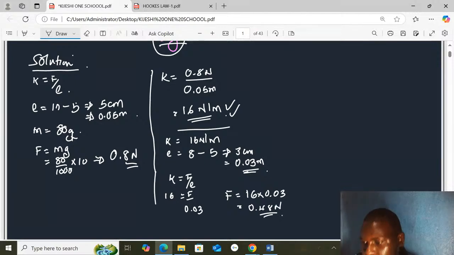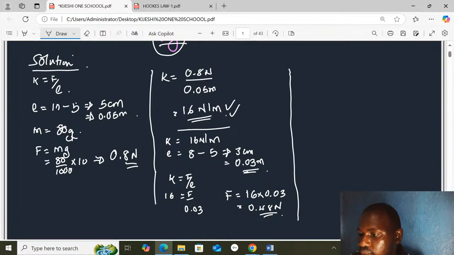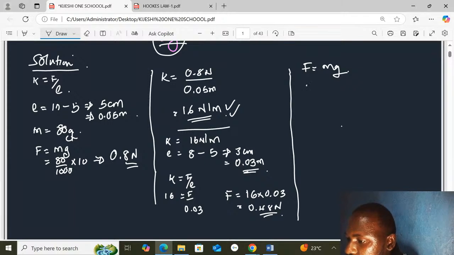Now for this, we'll ask ourselves, if force is given by mg, what about mass will be given by F over g? Therefore, this will be 0.48 divided by 10 newtons per kg.